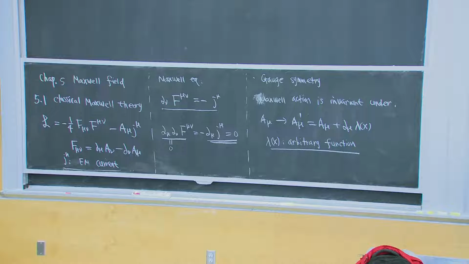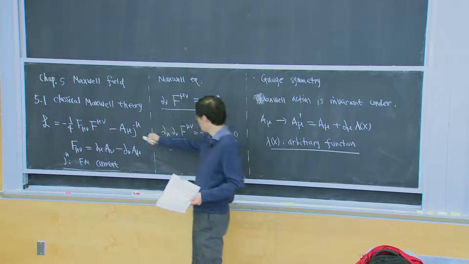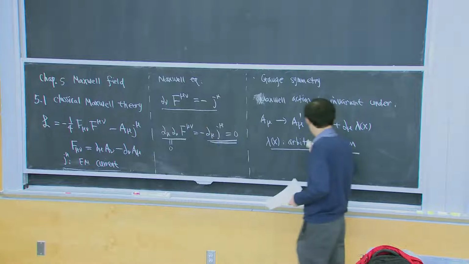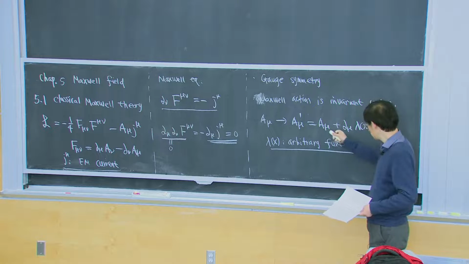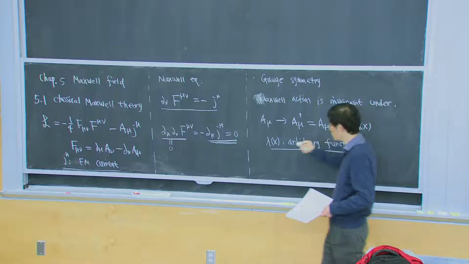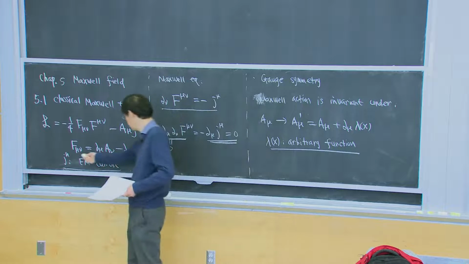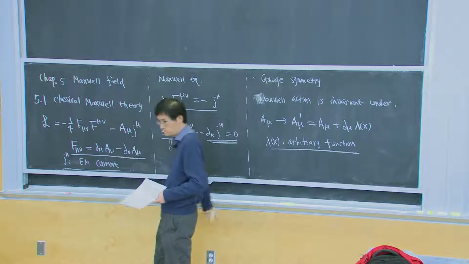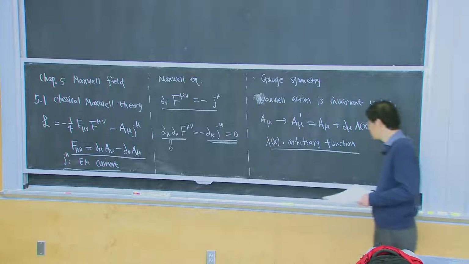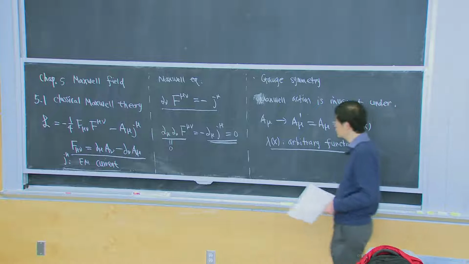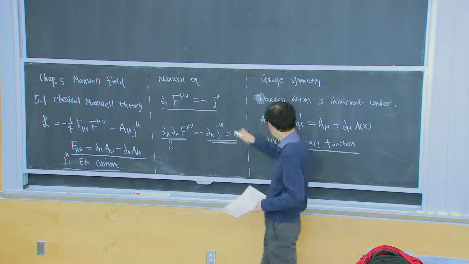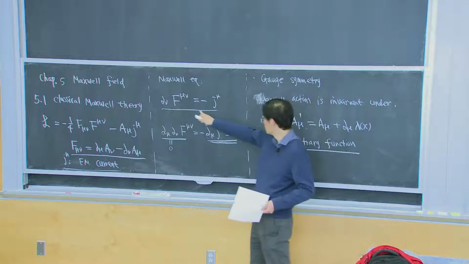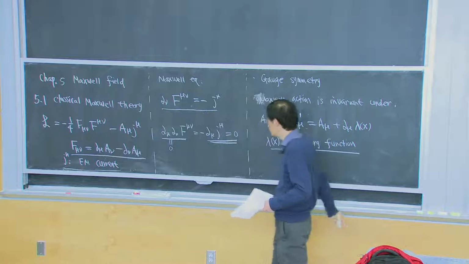The fact that the Maxwell action is invariant under this transformation you can easily check yourself. Under this transformation F mu nu does not change, since the two added terms just cancel each other. So the equation of motion is invariant because F mu nu does not change and J mu does not transform.